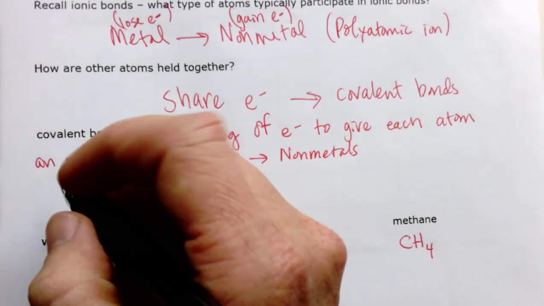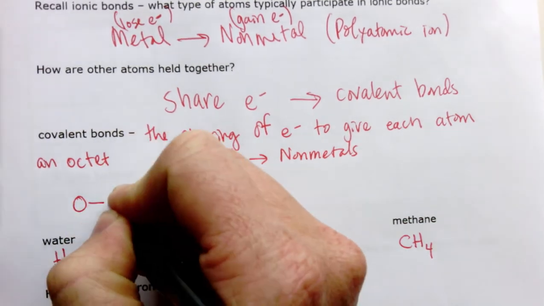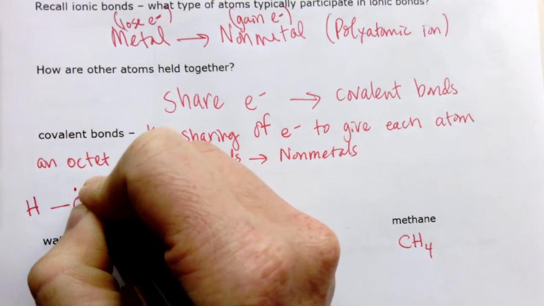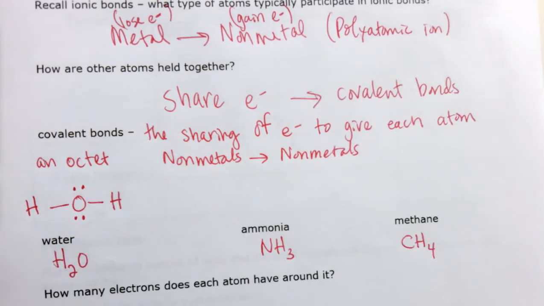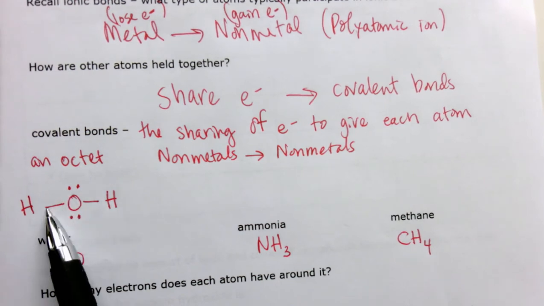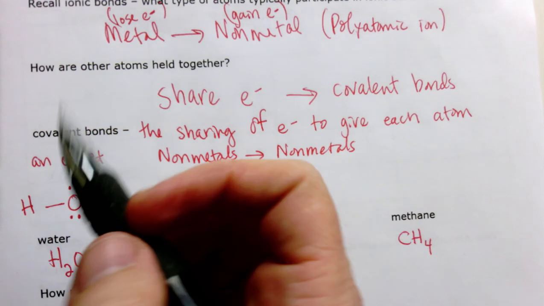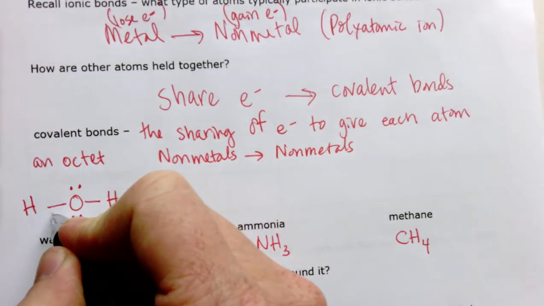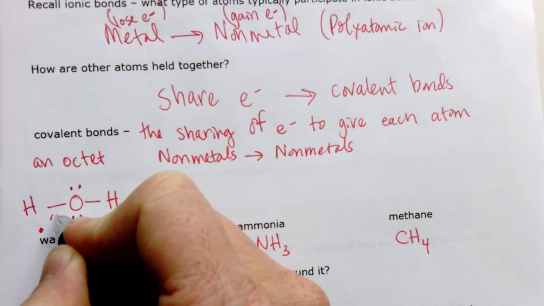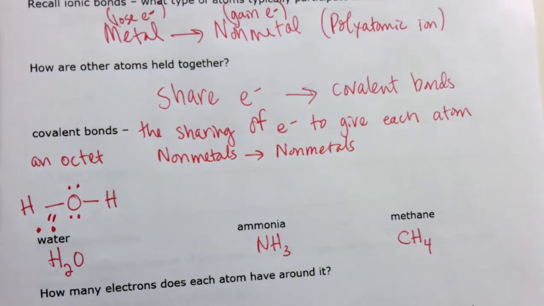So water, the central atom in water is oxygen. And the way I've drawn this Lewis structure, I have the bonds as a line. These are the shared electrons. So each one of these represents 2 electrons.